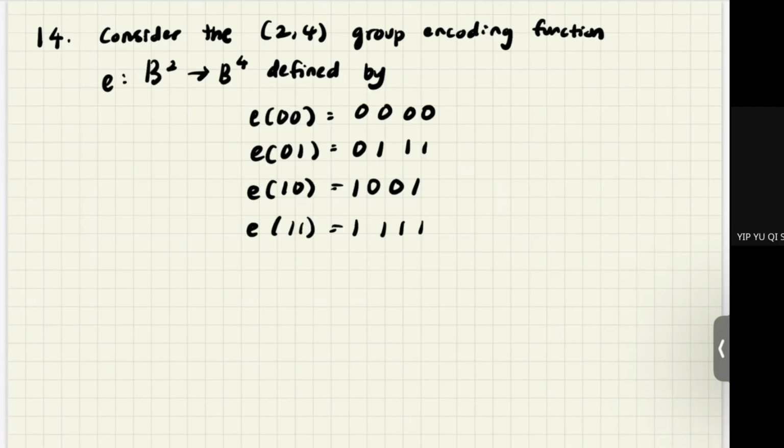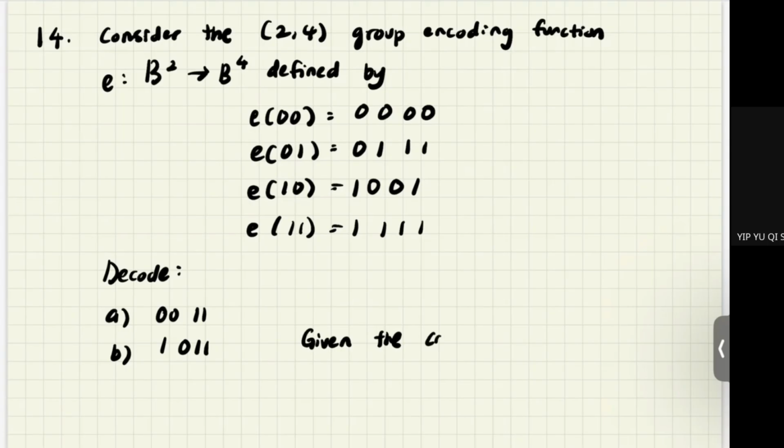Decode the following words relative to the maximum likelihood decoding function: a, 0011 and b, 1011.